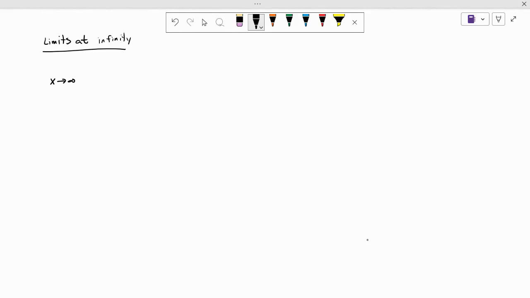Infinity is not a number, but it's just a way of saying that x gets arbitrarily large. And we want to know, in the long run, what does the function behave like for large x's? So we're going to write stuff like limit as x goes to infinity, because we're interested in how the following function behaves in the long run.